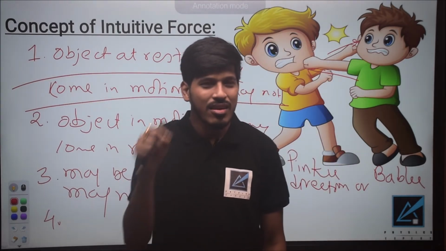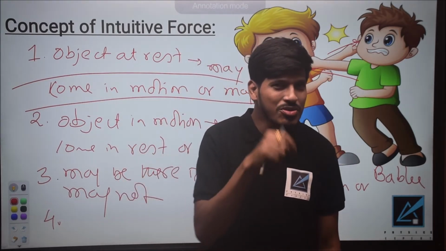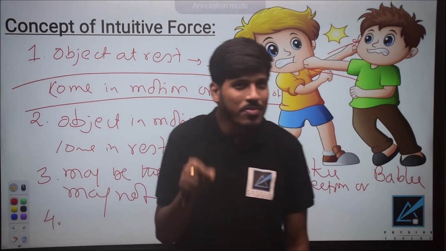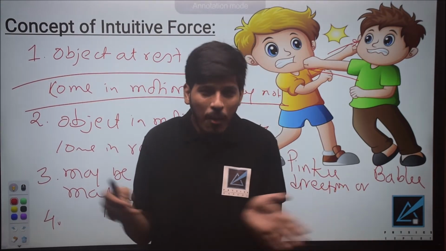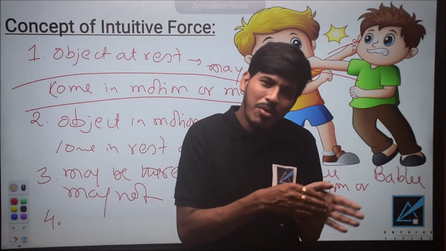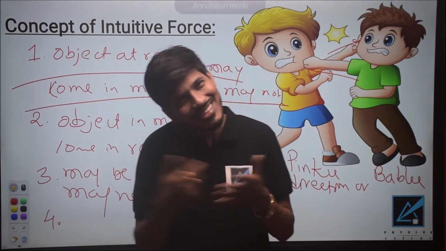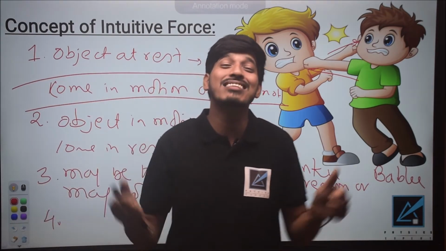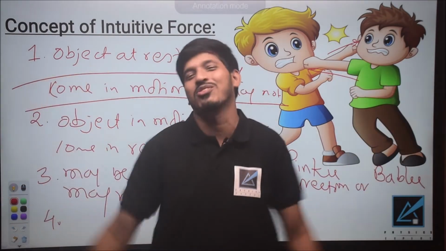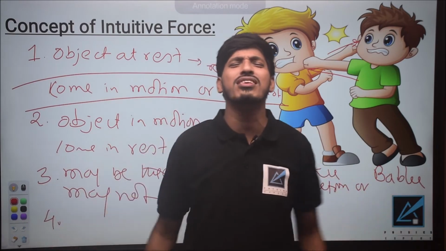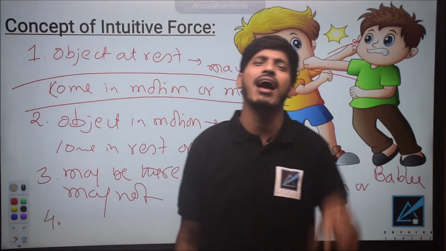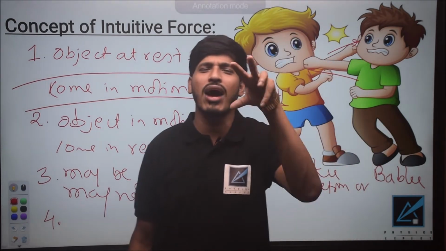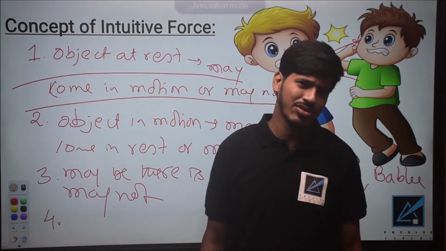Object at rest, rest to motion or tends to motion. Object in motion may stop or tends to stop. Object moving in a direction may move in the same direction or its direction changes. It depends upon the value of net force. That is the key concept of this chapter, your net force. I am repeatedly telling you that it is very much important to understand what net force is.